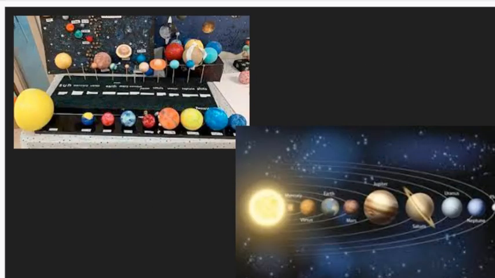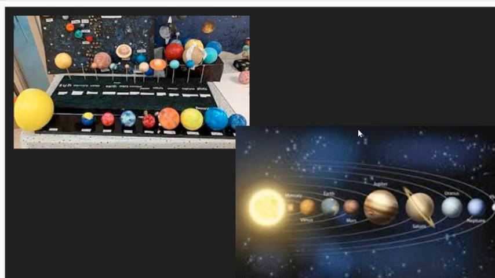When you think of the solar system, you probably think of something like what you see here on the screen. Maybe you did a model at some point when you were little, with little foam spheres with toothpicks on them, and you labeled all the different planets.